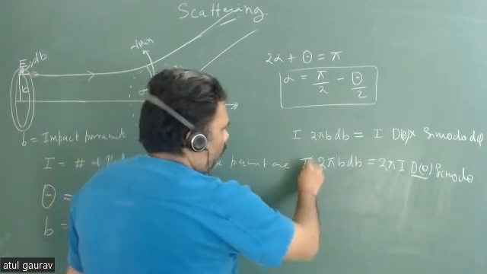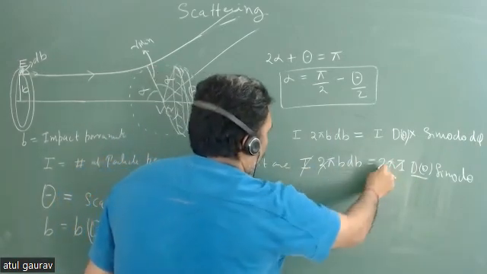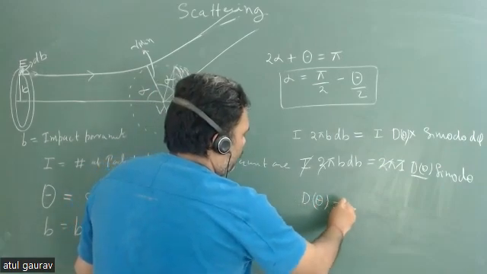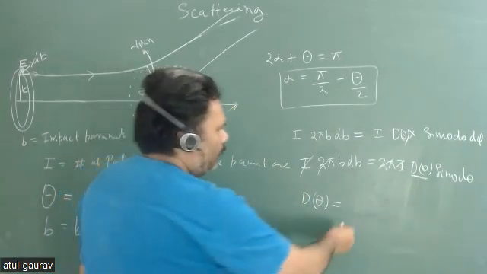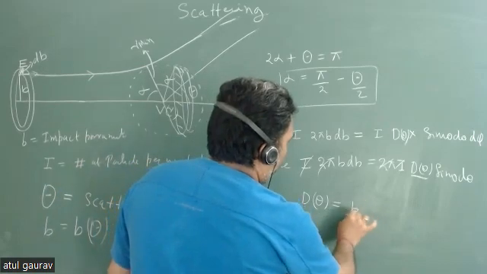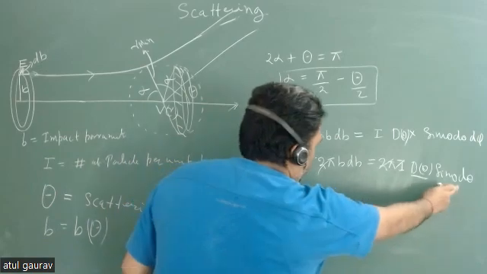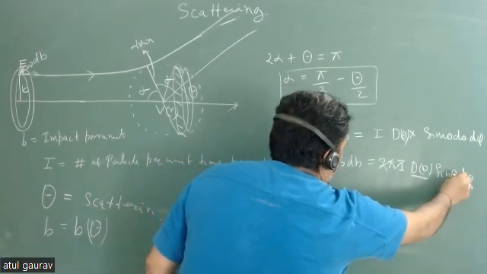So from here, this I and I will cancel, and 2 pi will cancel. So you have a very famous formula. This dσ by dΩ is nothing but b upon sine theta, times db upon d theta, in mod value, and this theta is your scattering angle.